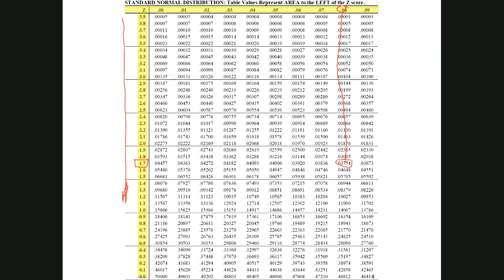Here's negative 1.78, and that's 0.03754, which is a little bit different.